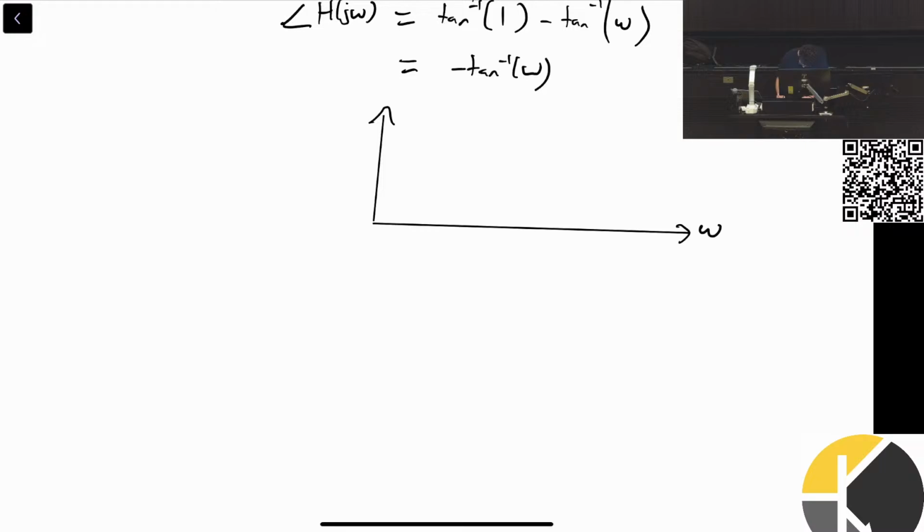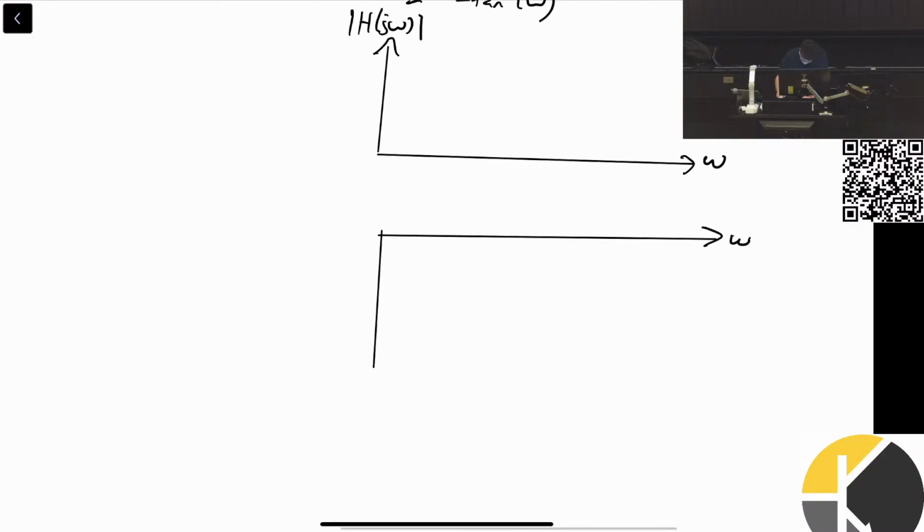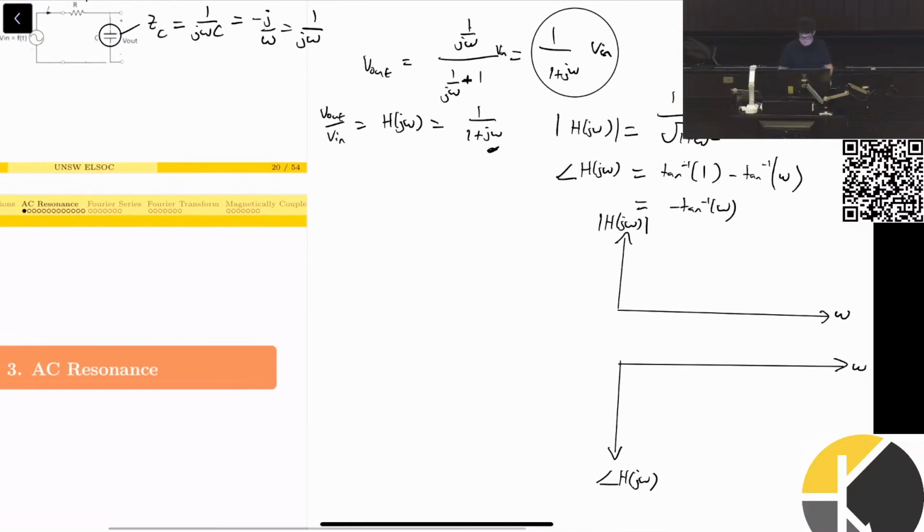We're going to have omega versus the magnitude of H of j omega, and another similar one, which is omega versus the angle of H of j omega. To actually plot these, we're going to substitute the points we mentioned before: omega, the magnitude of the transfer function, and the angle of the transfer function.